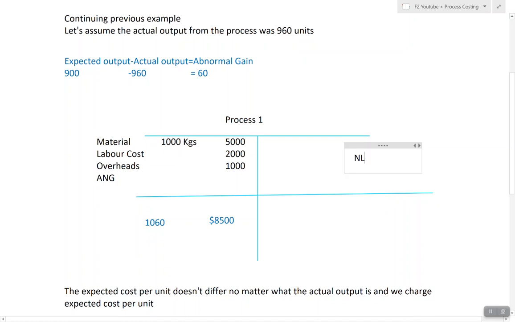So normal loss is the same. Remember, normal doesn't change. Same 100 units. And output in this case is 960.